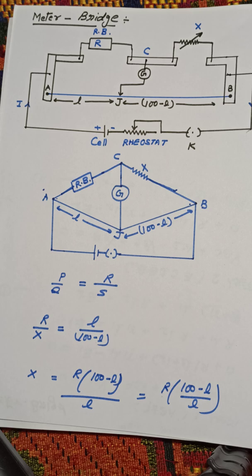Therefore a number of observations are taken for different resistances in the resistance box, and for each observation the value of X is calculated. Finally, the experiment is repeated by interchanging the unknown resistance X and the resistance box. The mean value of X is then obtained, and this gives the correct value.